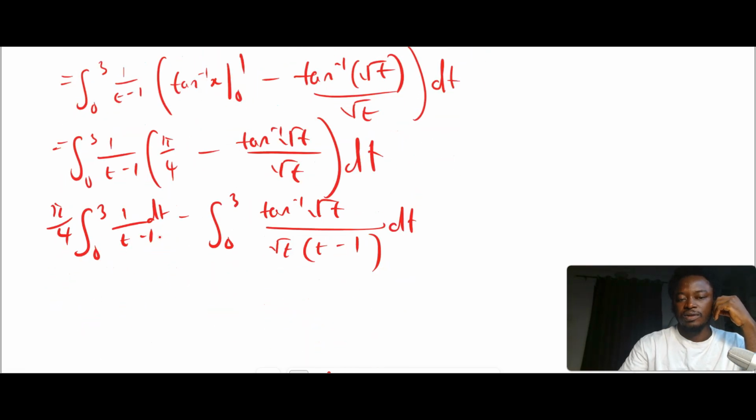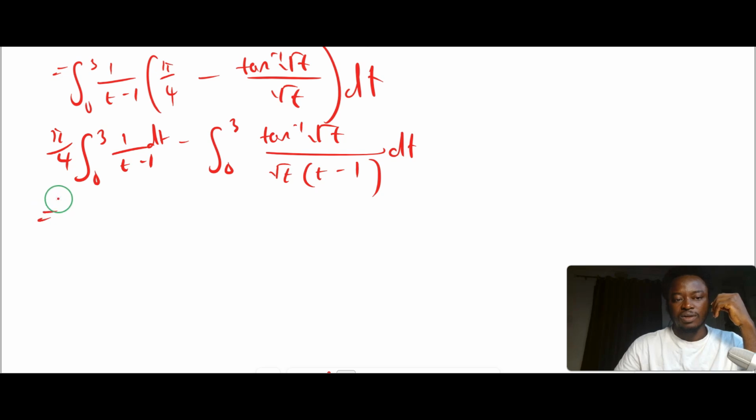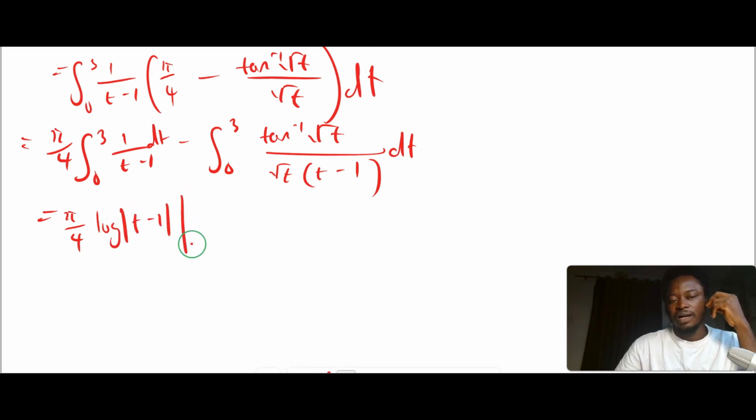Now this would be equal to pi over 4 times the logarithm of the absolute value of t minus 1, as we take this from 0 to 3, then minus the integral from 0 to 3. Before that, how do we deal with this square root of t here?